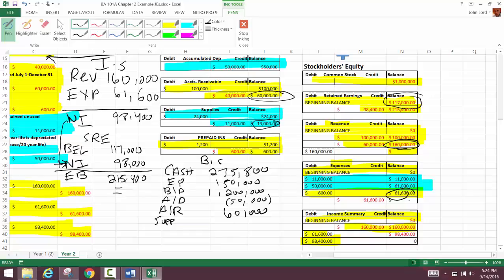Supplies are 13,000? Just picking that up. And then I have my prepaid insurance. The prepaid insurance now is going to be $600? Yep. Okay, any more assets? Nope.